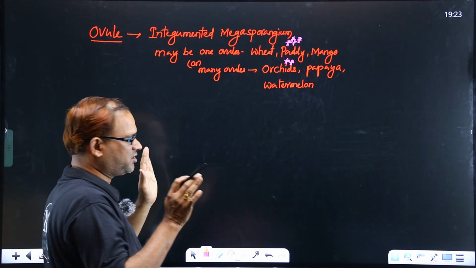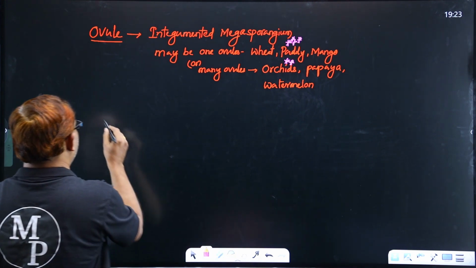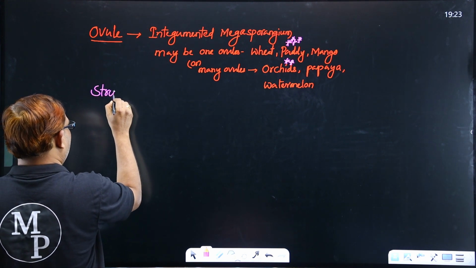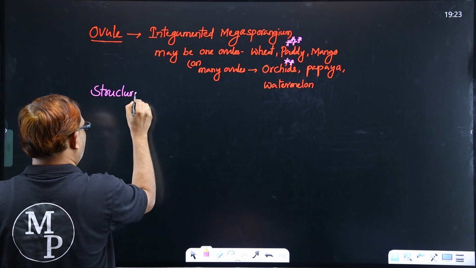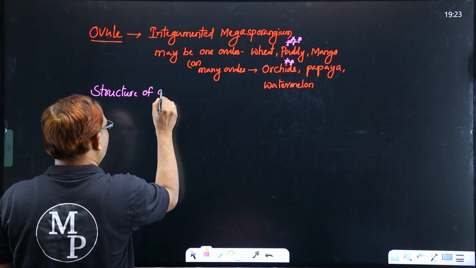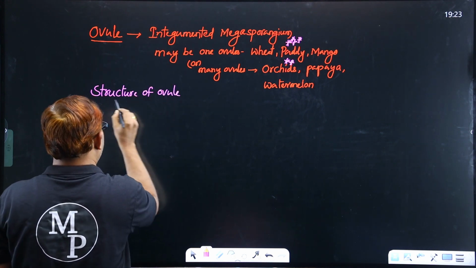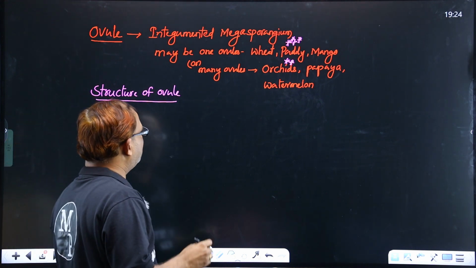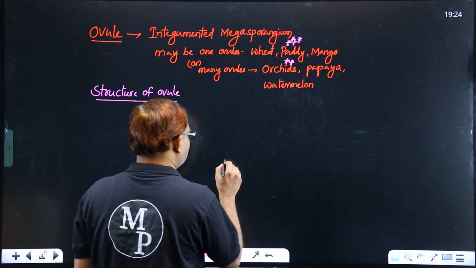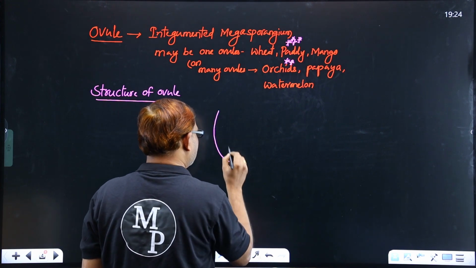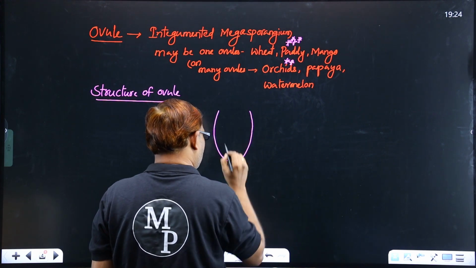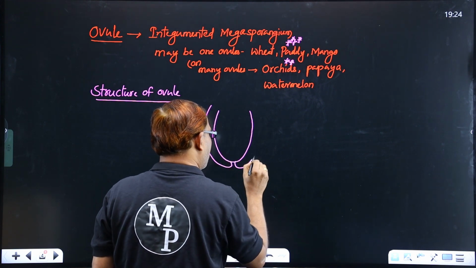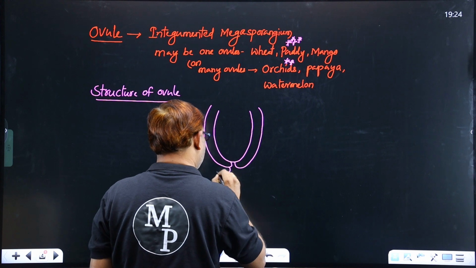Coming to the next one, structure of the ovule. It looks like this type of structure. First of all, the stalk of the ovule is called what?